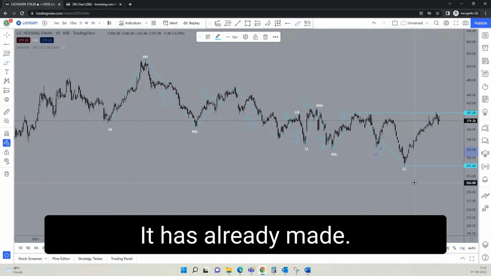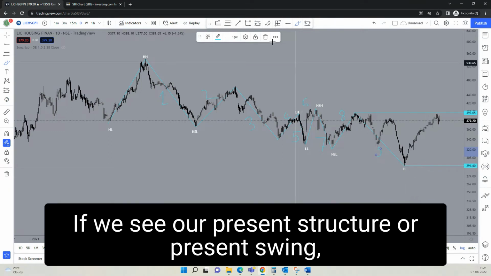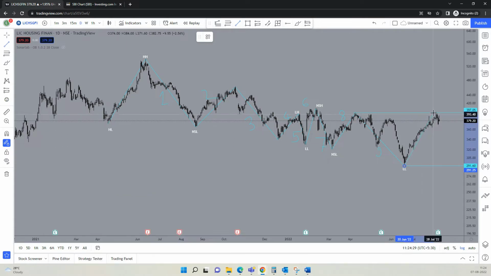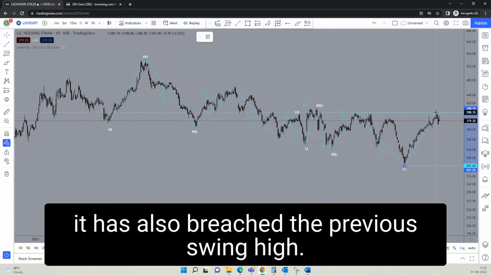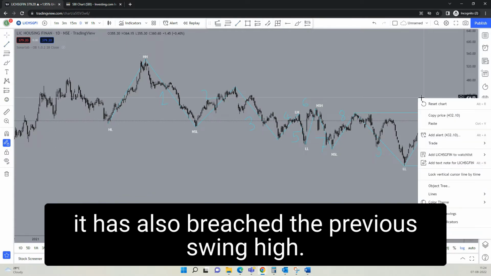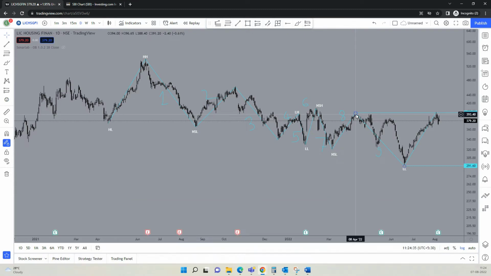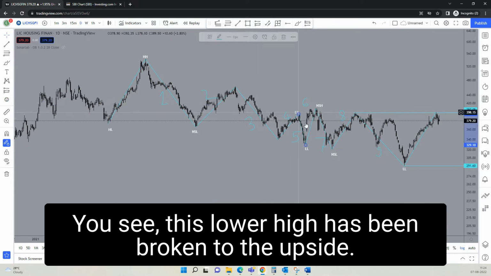Another was that it should make a new low. It has already made it. If we see our present structure or present swing, it has also breached the previous swing high. You see, this lower high has been broken to the upside.